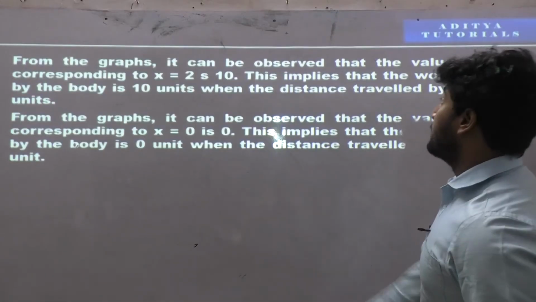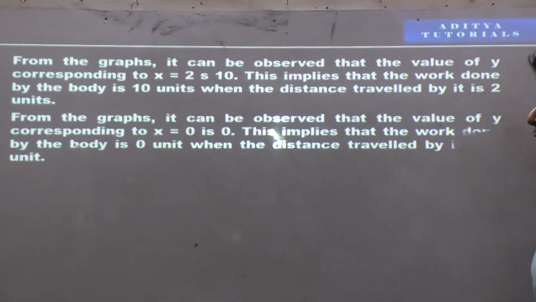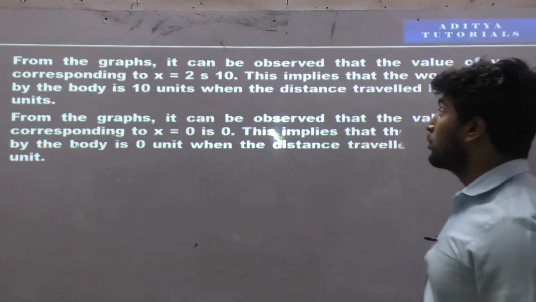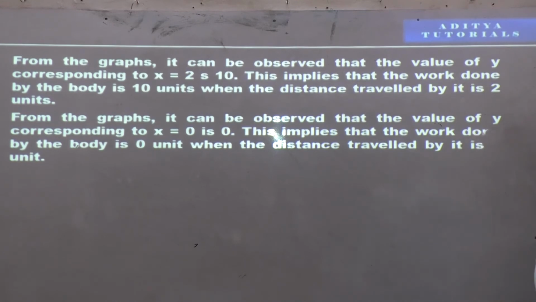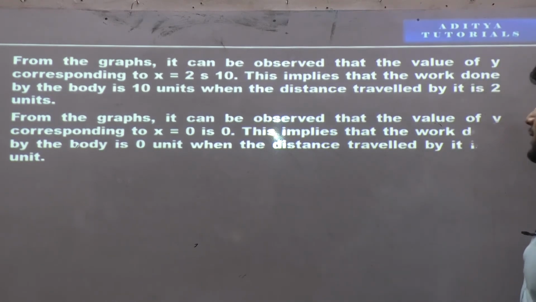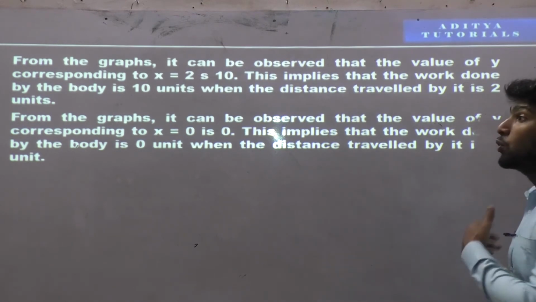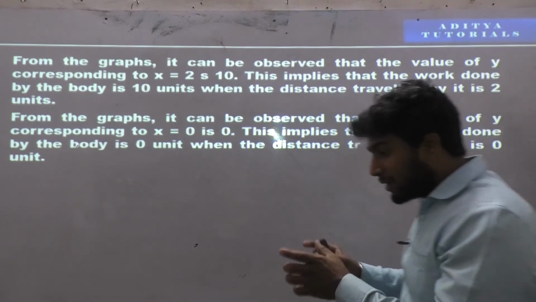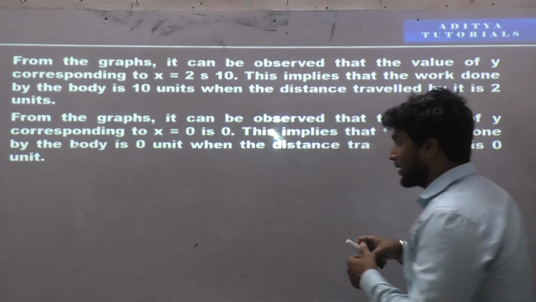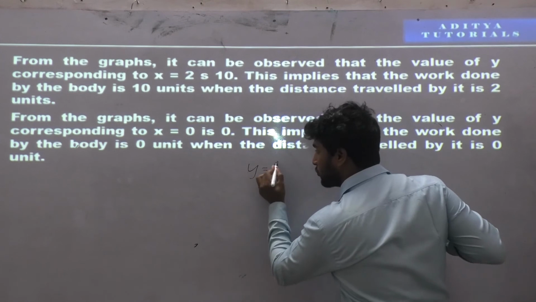From the graph, it can be observed that the value of y corresponding to x equal to 2 units is 10. This implies that the work done by the body is 10 units when the distance traveled by it is 2 units. First of all, what is the statement? y is equal to 5x, right?